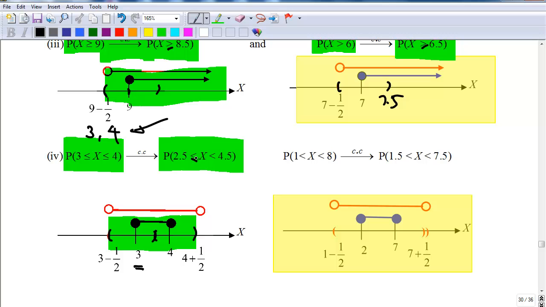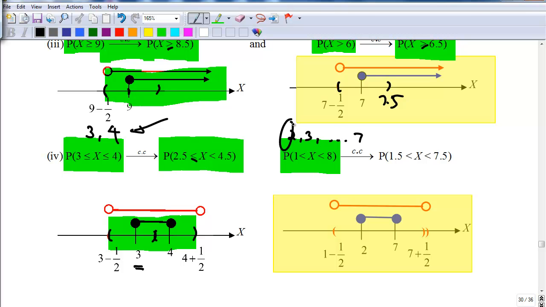Lastly, we look at probability x between 1 and 8. I want to find the continuity corrected version of this probability. So I want to have numbers 2, 3, all the way to 7.